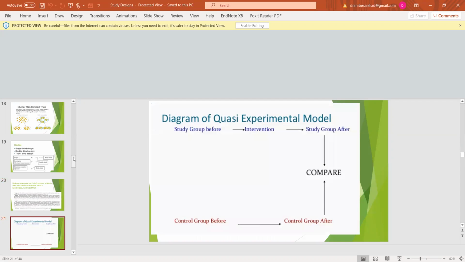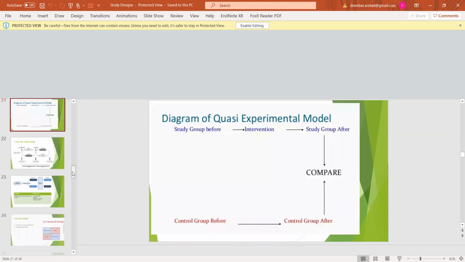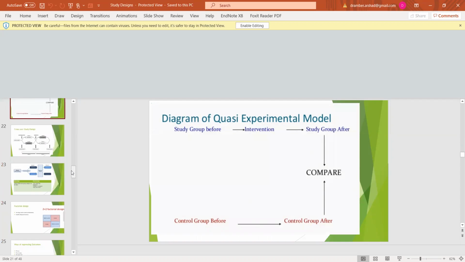Next is the quasi-experimental model. This is also known as a non-randomized clinical trial. It is similar to the randomized clinical trial, but the only factor missing is the randomization.